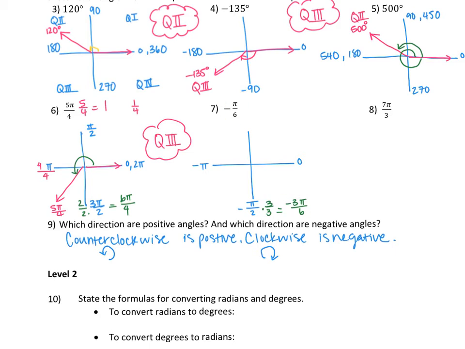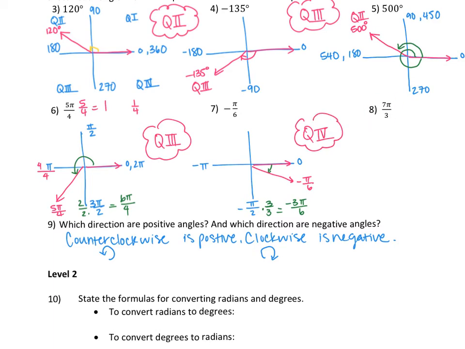So if we draw our initial angle being at 0 and we go in the clockwise direction, we don't have to go very far to have negative pi over 6, because we can't pass negative 3 pi over 6. So in this case, this angle lands in the fourth quadrant. And that's it.